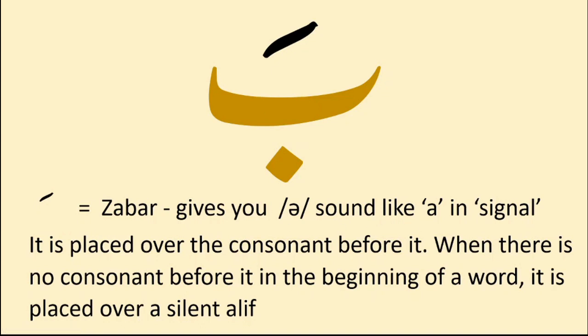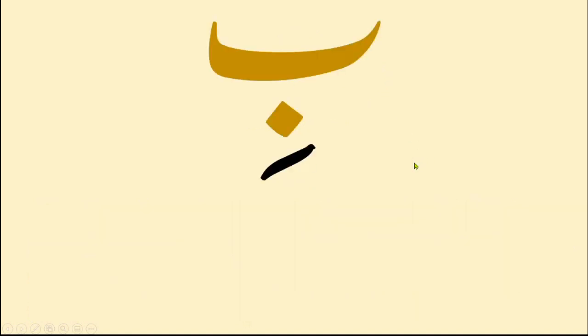It's always placed on a consonant which is before this sound. And when this sound is in the beginning of a word, that means there's no consonant before it, we need a silent alif, and that silent alif carries that zabar. Okay, so a sound is this zabar.